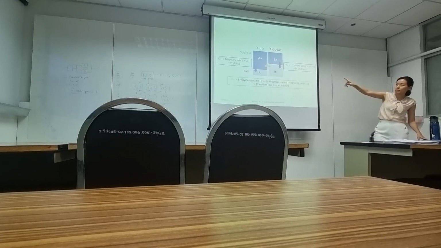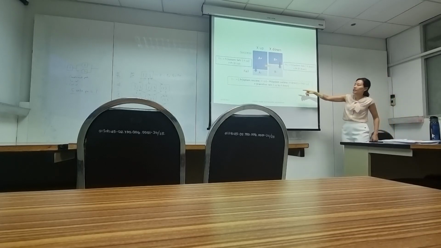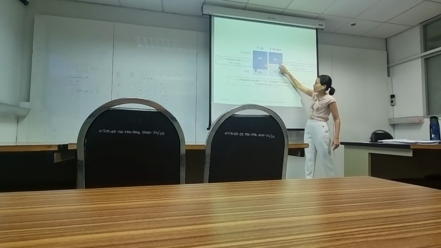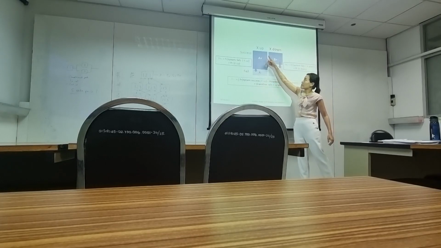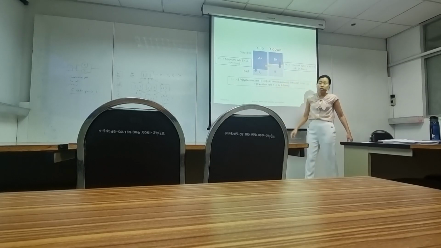You calculate the frequency of the up states, and then x being down, and then you calculate the frequency right here, which is the probability of this block multiplied by this probability and the failure rates.